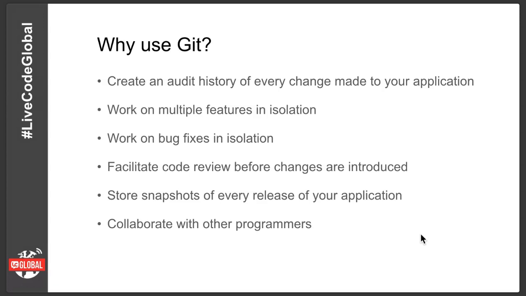Next reason: it facilitates code review before changes are introduced. What you're going to see as we go through some examples is that whenever you make changes to files in a folder that's being monitored by Git, Git will show you what changes have been made. But you don't actually commit those changes to the Git repository without first going through a little review process.